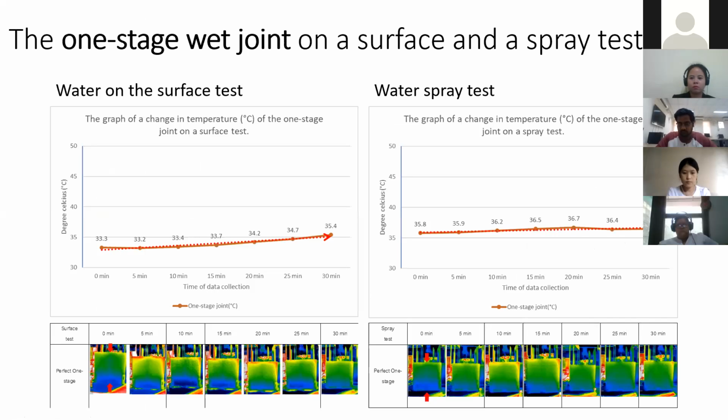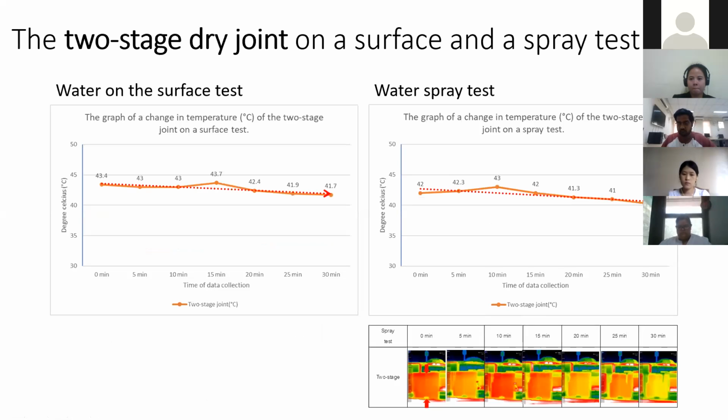For the one-stage wet joint on the two tests, both of them show an increase in temperature, which shows that there is no water leakage. The increase in temperature is actually from the relative temperature from the outside.